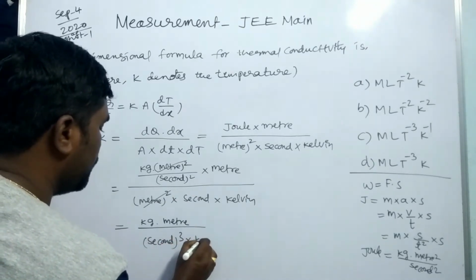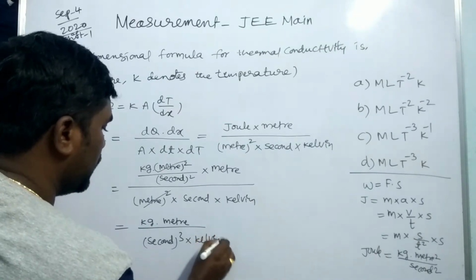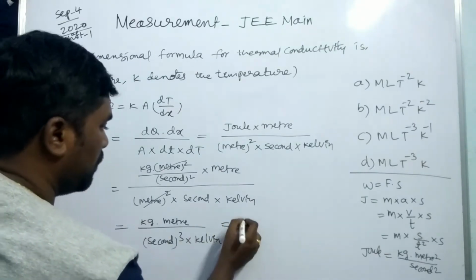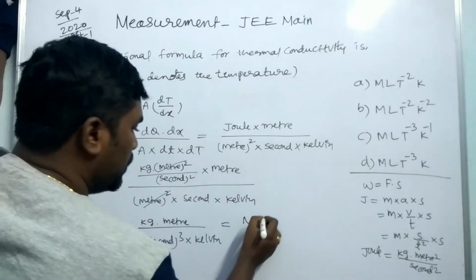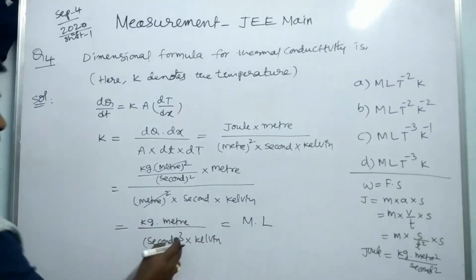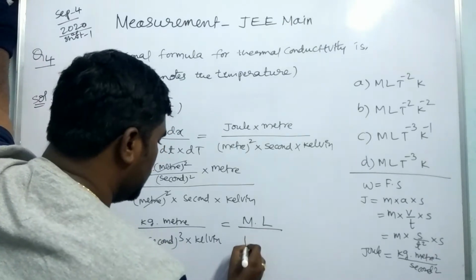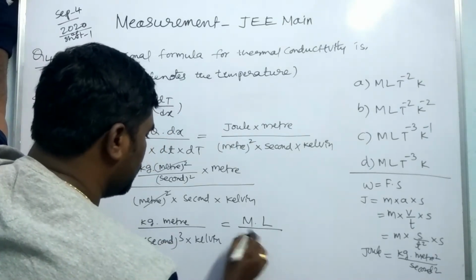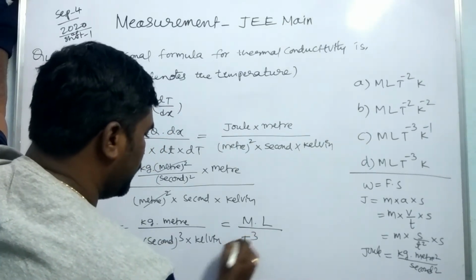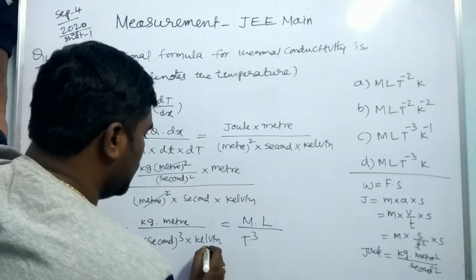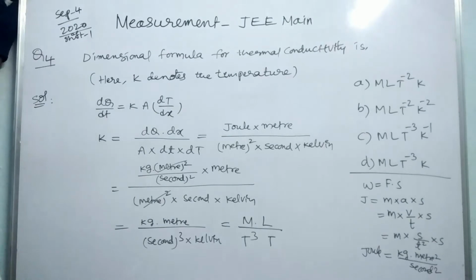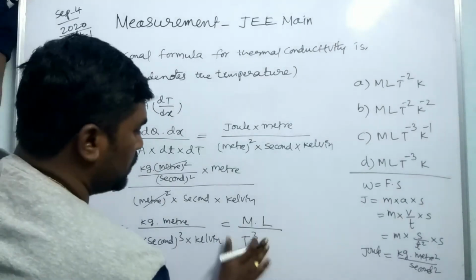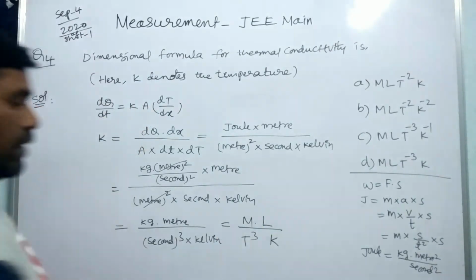So this can be written as kilogram, the units of mass, and meter, the units of length, and second, the units of time, T3, and Kelvin is the temperature. Kelvin should be written as K in terms of dimensions.